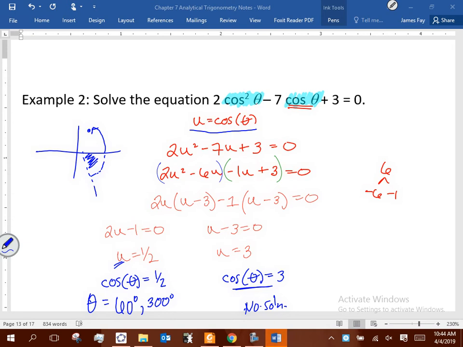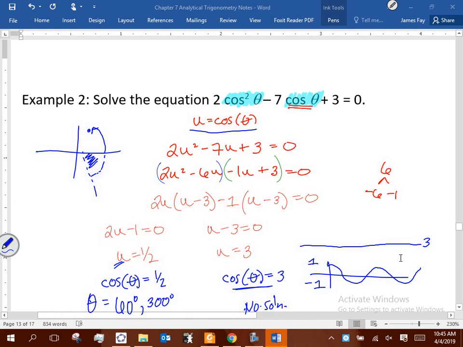Because if you think about what the cosine function looks like, cosine function looks like that, right? That's a height of 1. That's a height of -1, right? This little equation is saying, when does it cross the line that is a height of 3? Never does, right? Okay. So that's kind of what each one of these last statements is doing.